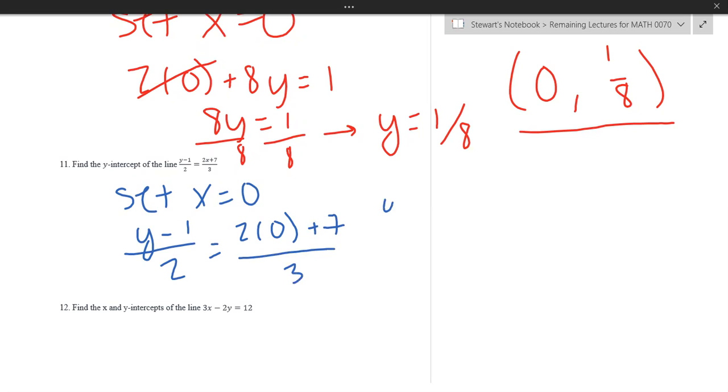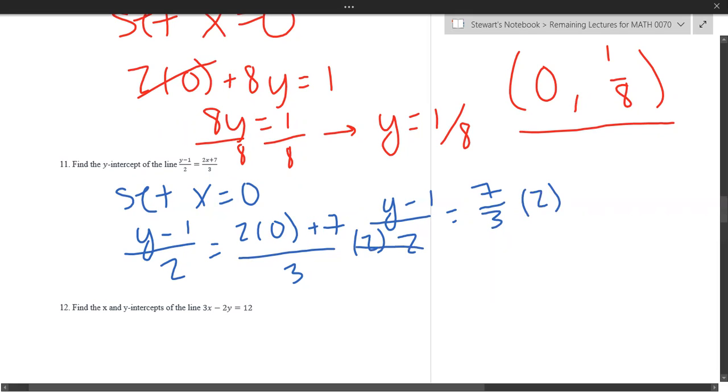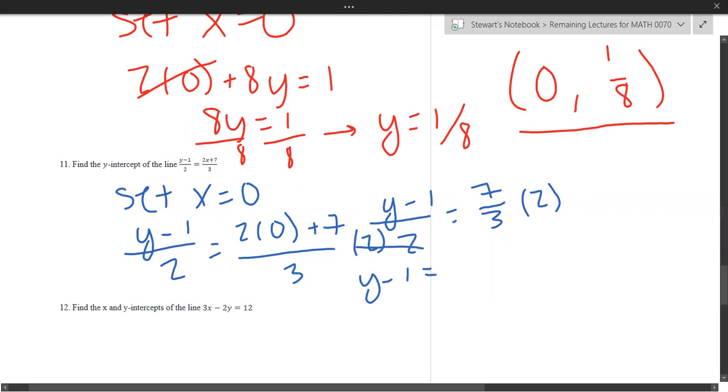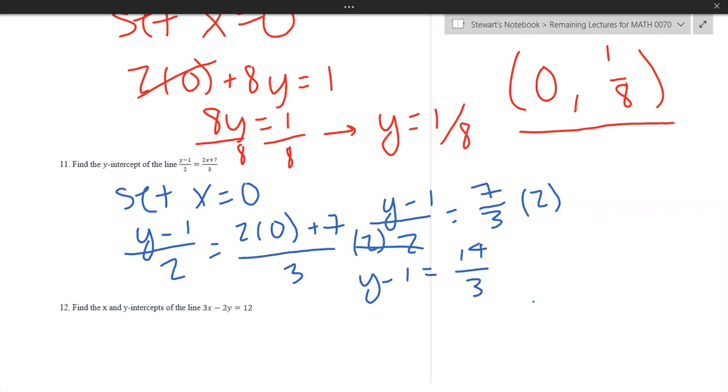So then we have y minus 1 over 2 is equal to 7/3. In order to isolate y, we're going to multiply by 2 on both sides, so that we get y minus 1 is equal to 7 times 2 across the numerator, which is 14, and 3 times 1 across the denominator, which is 3.